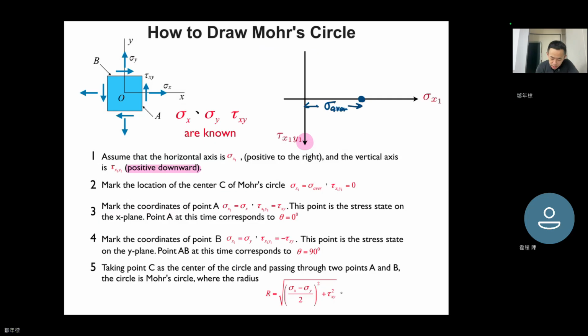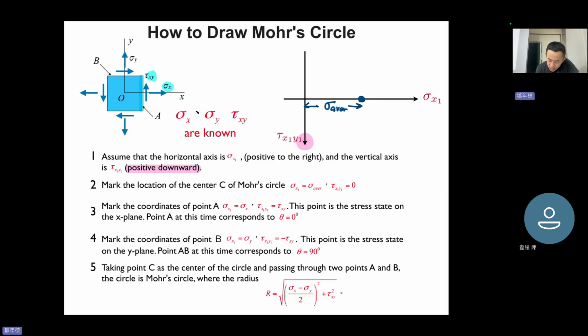Actually, this plane has sigma x, and also tau xy. Of course, sigma x, sigma y, and tau xy are known. You know that, right? So this is always the starting point of your problem. And you know sigma x, sigma y, tau xy, and the blue face.